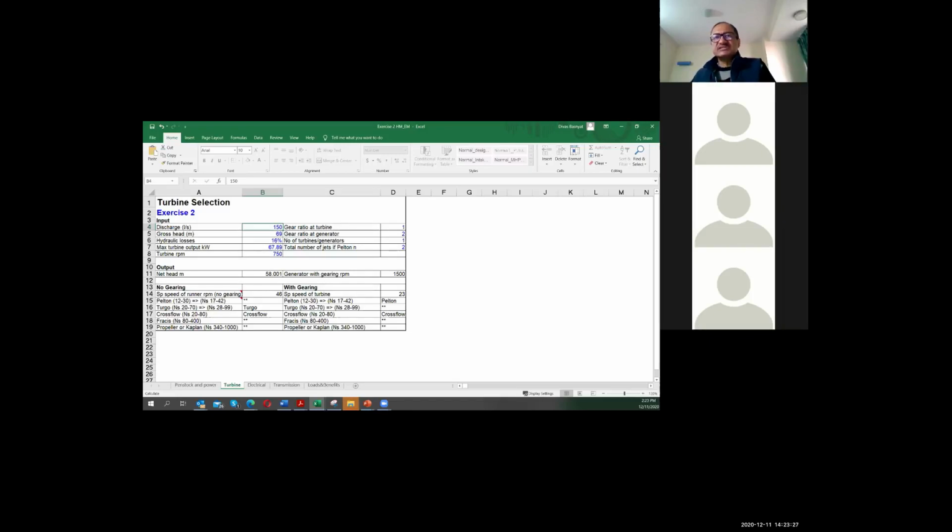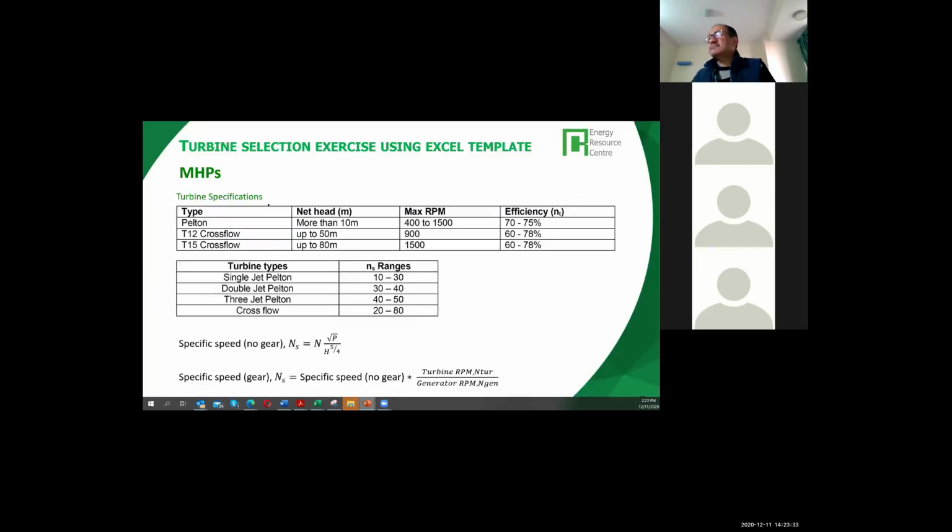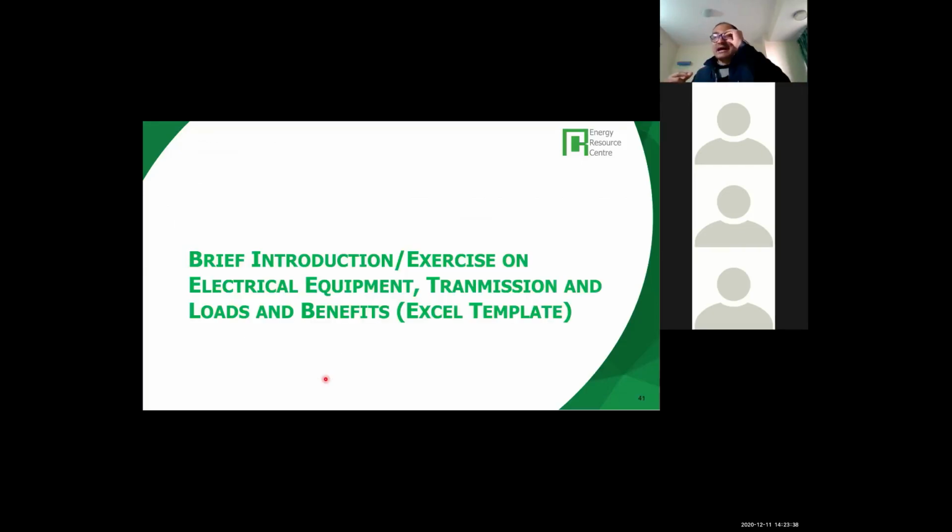If there are no questions, I would just like to move on and explain what I have in plan. I did not provide the details on electrical equipment, the transmission lines, and the load and benefits, but I would like to give you a brief introduction to this exercise in the templates that I shared today.